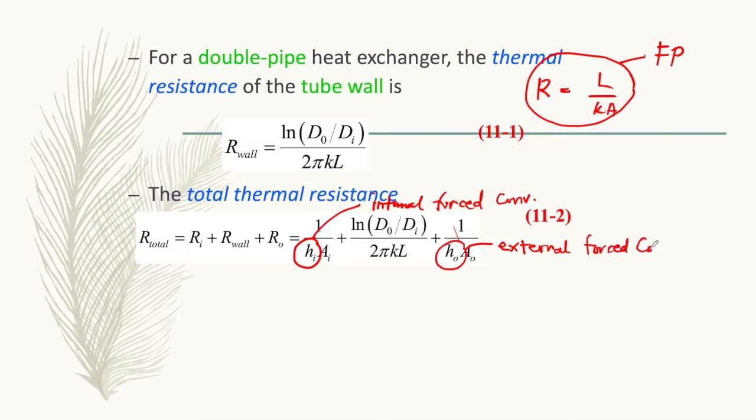But for the annular space, I introduced you to the annular space in internal forced convection because we have two tubes, and that tube is internal. So we have a tube and there is another tube outside. So this annular space is internal forced convection.